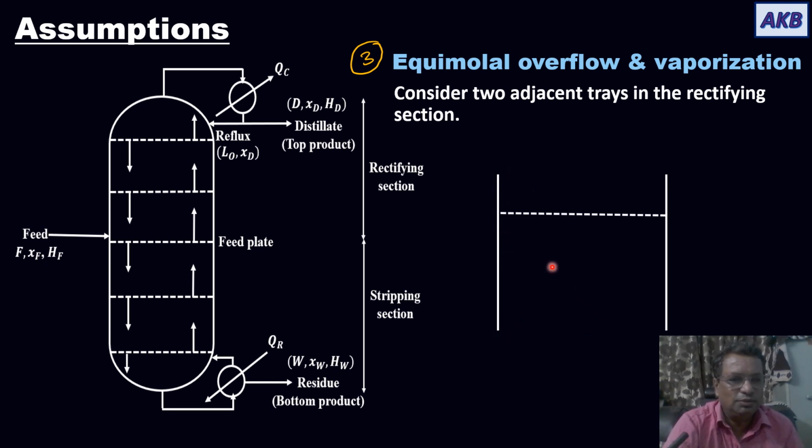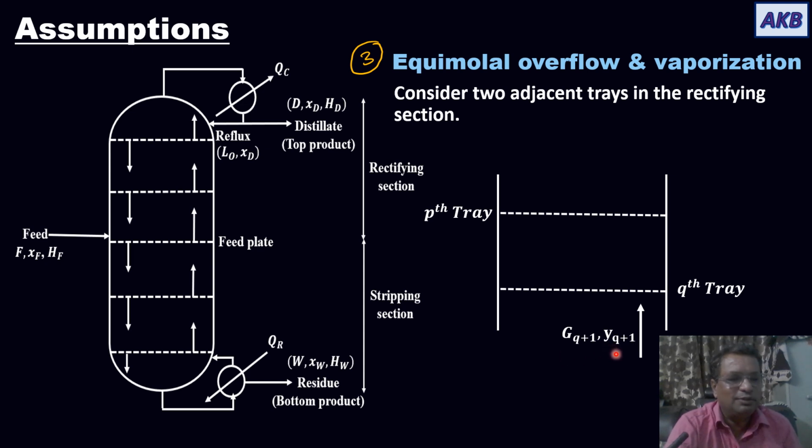So this is the column, then these are two adjacent trays. This is, let us say, the pth tray, tray number P, and this is the qth tray. Now vapor will be coming from the tray below the qth tray. It will be denoted by G Q plus 1, the molar flow rate, and Y Q plus 1 will be the mole fraction of A, the more volatile component, in it.